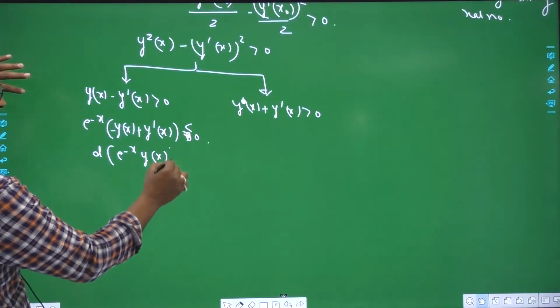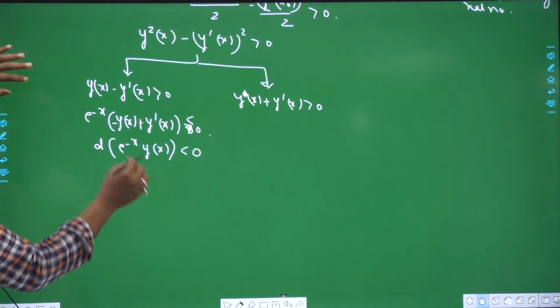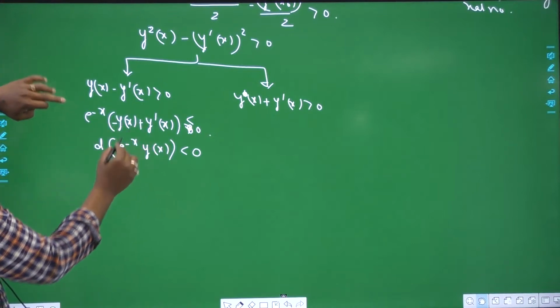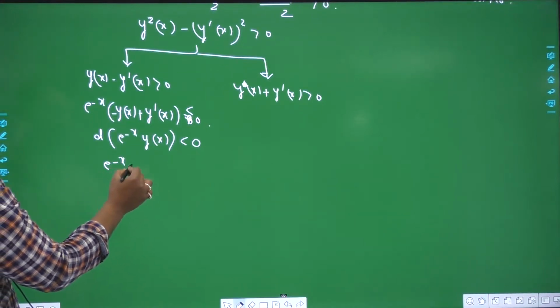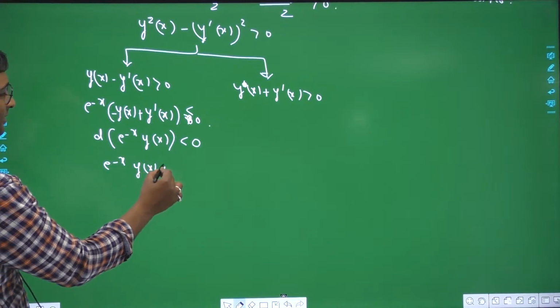Okay, that implies, if you multiply with negative, that gives you this, so it implies e to the power minus x into y(x) is a decreasing function.